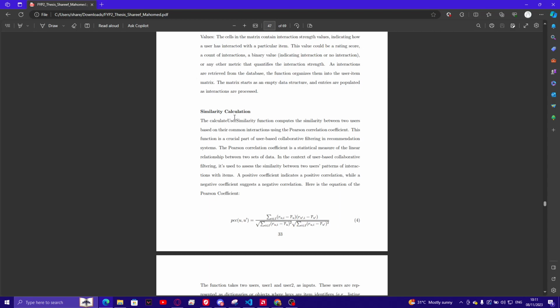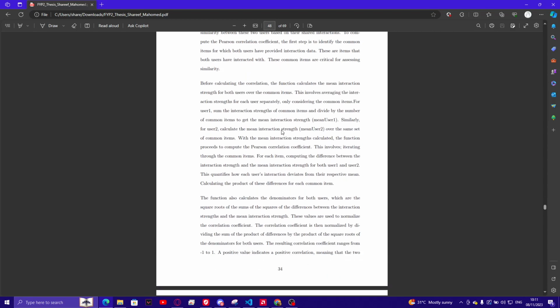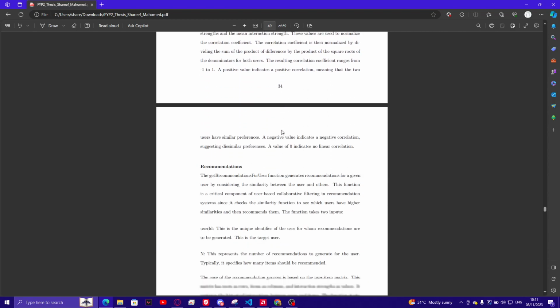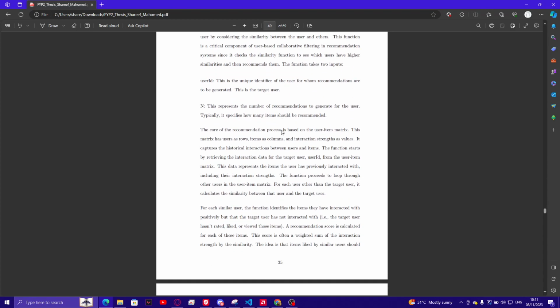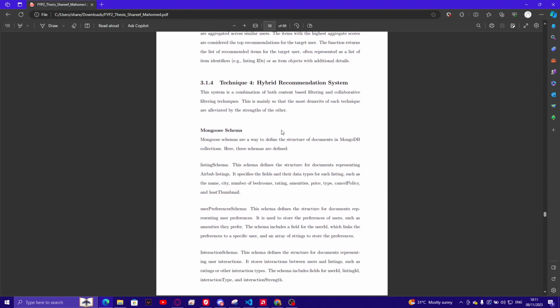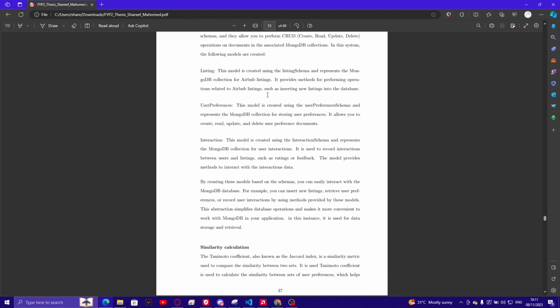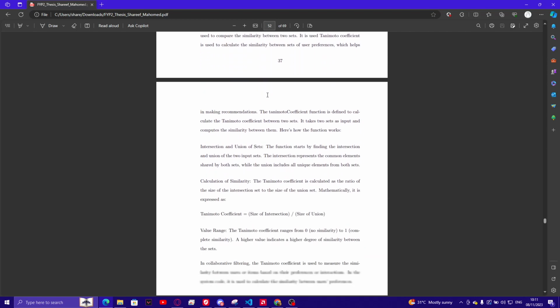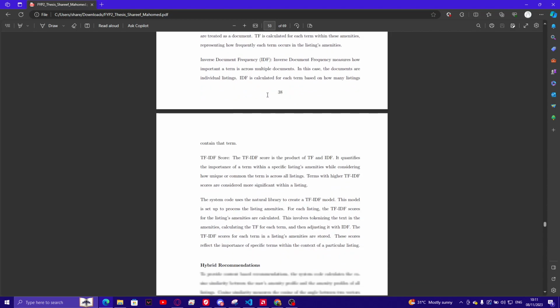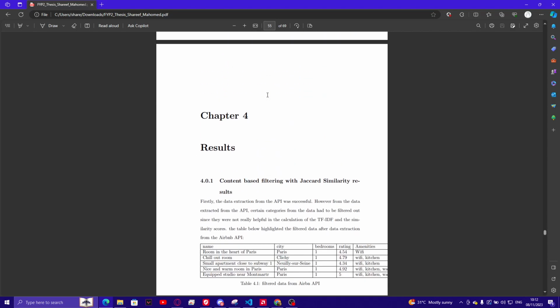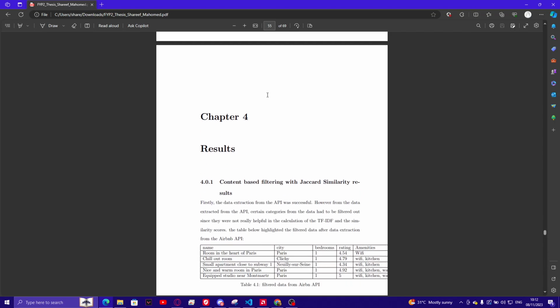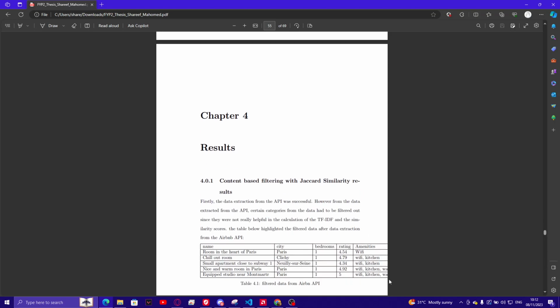For similarity calculation, this time I used the Pearson correlation coefficient, and then I got the recommendations based on the similarity scores. Then I combined the results from content-based and collaborative filtering to get hybrid recommendations.